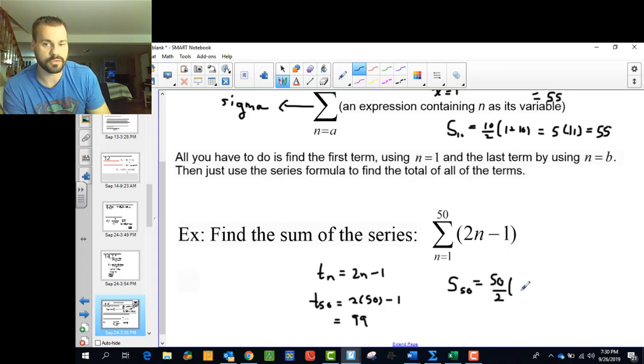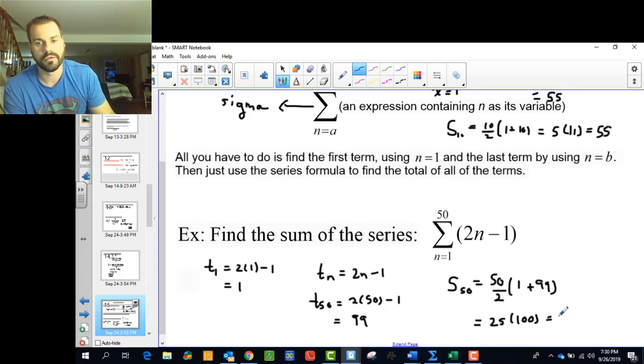So I need to know the first term. I go back here and say T1 is 2 times 1 minus 1, which gives me 1. So T1 is 1, and Tn is now T of 50, so it's 99. That gives me 25 times 100, which is 2500.